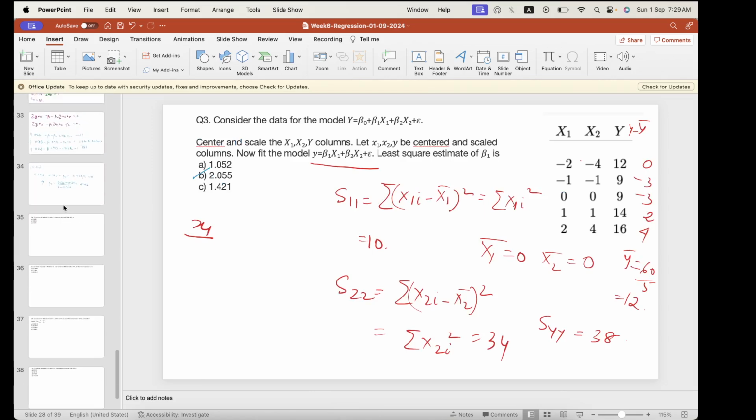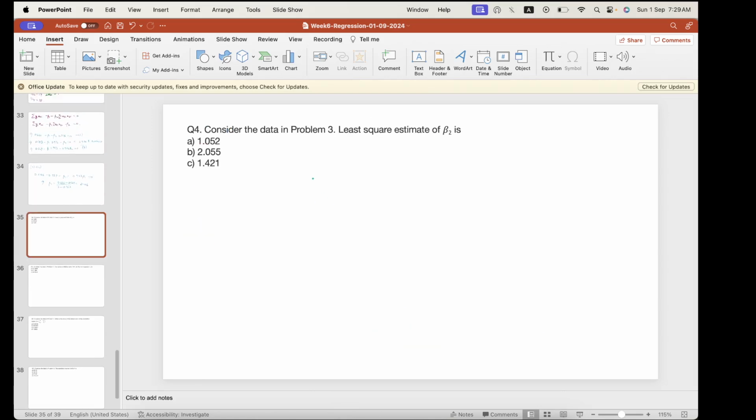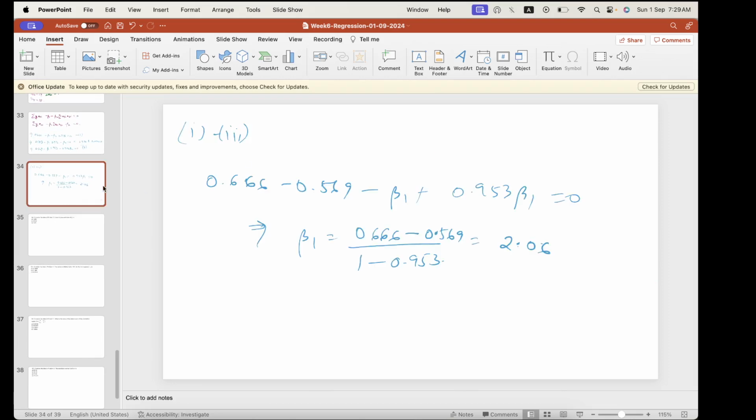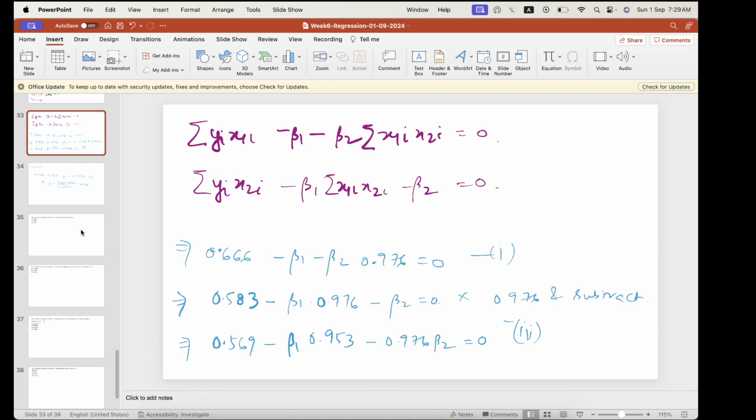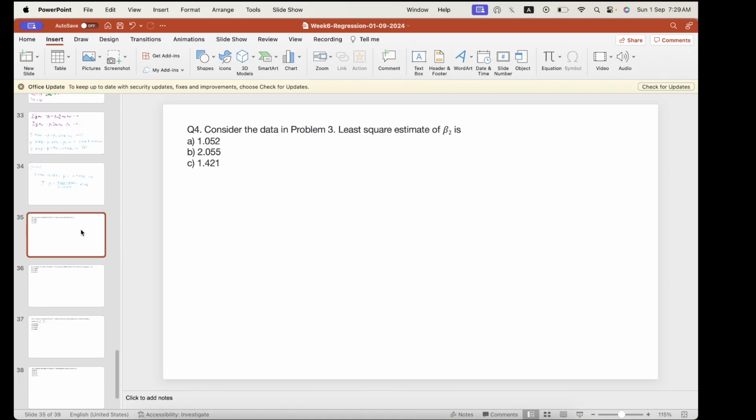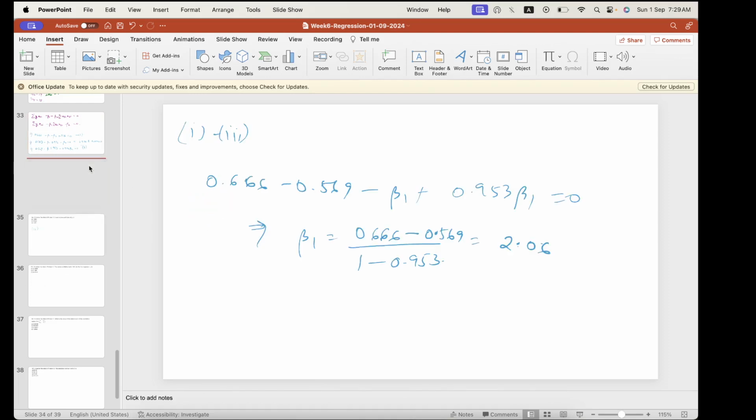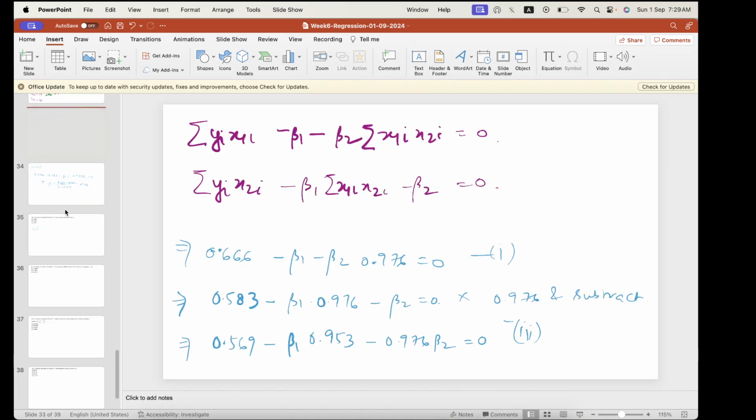Alright, now next thing is the linear estimate of beta 2. So once we have this, beta 2 is how much? Sorry, from equation 2.